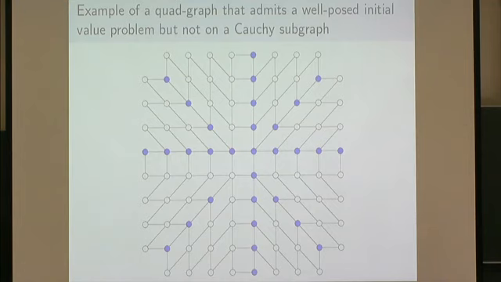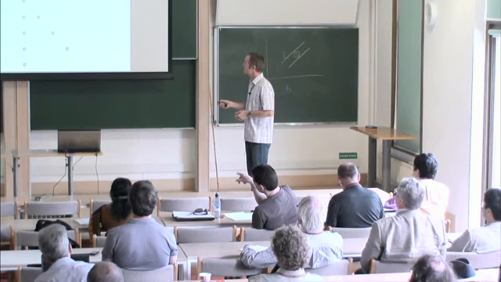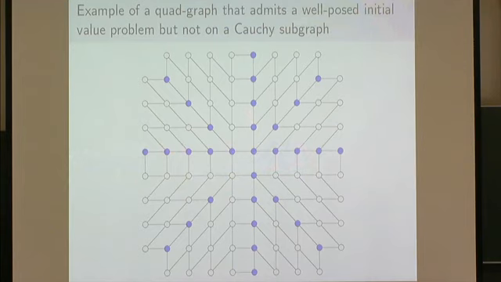You can see that this is an initial value problem by just looking at, here we have a quarter of a normal Z2 lattice, which you can solve. In the sense that these points are all connected here, this is all connected, but this part here is disconnected. There's no blue dot here, for example, to connect this part from that part.